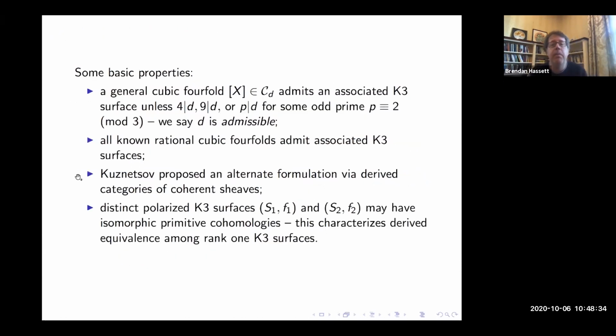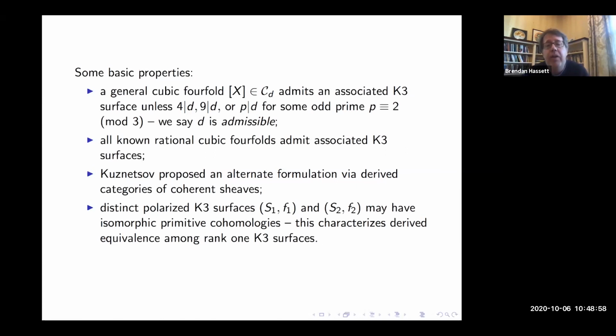And so here are some of the basic properties. You can characterize very quickly when there exists an associated K3 surface in terms of the congruence properties of the discriminant. As long as there are no factors 4, 9, or odd primes congruent to 2 mod 3, you have an associated K3 surface.